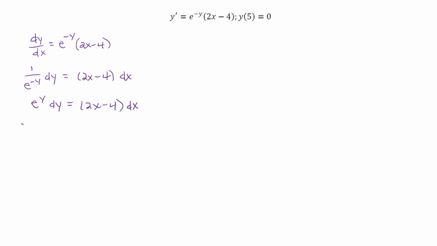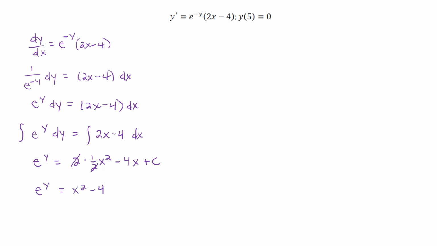Then I'm going to integrate 2x minus 4 dx. So when I do that, I'll get e to the y equals 2 times 1/2 x squared minus 4x plus c. The 2's cancel, so I have e to the power y equals x squared minus 4x plus c.